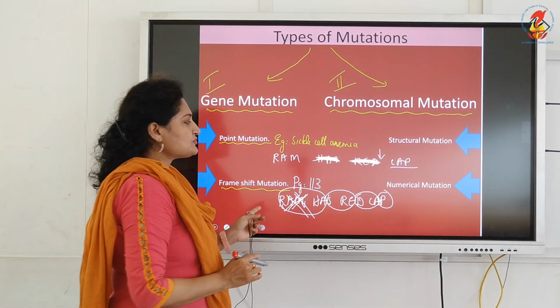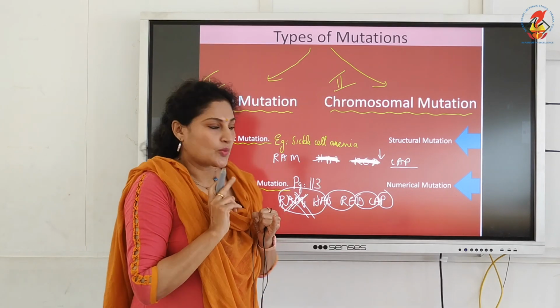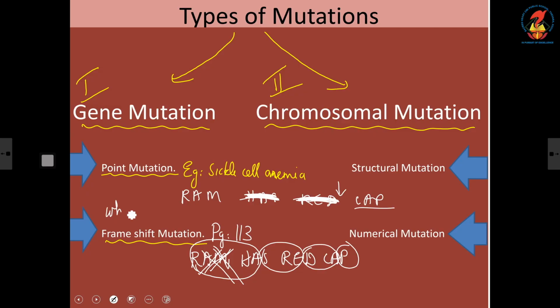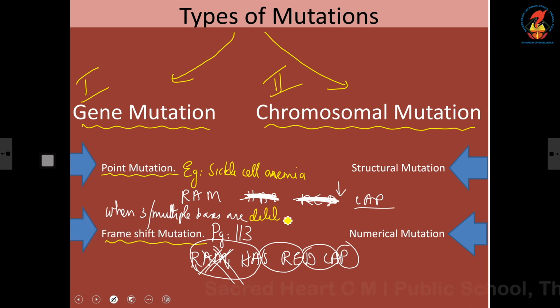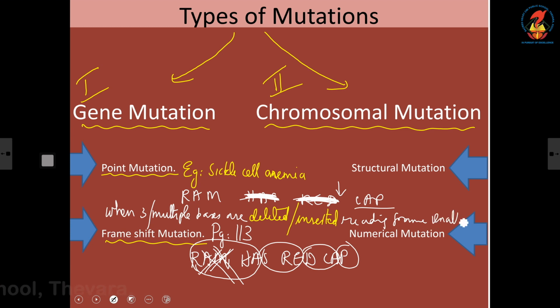So remember, in frame shift mutation, you give the clause when 3 or multiples of 3 bases are deleted or inserted. We can insert or delete. The reading frame remains unaltered. This is called frame shift mutation.